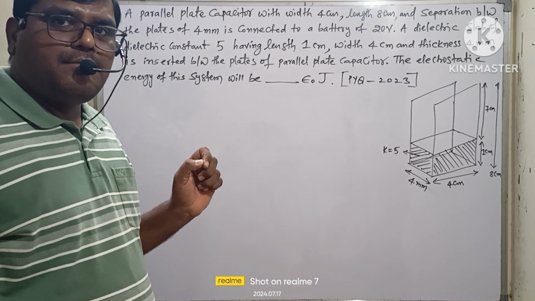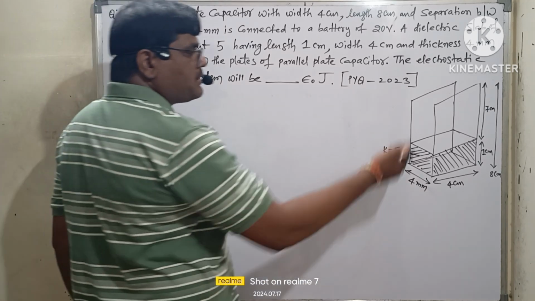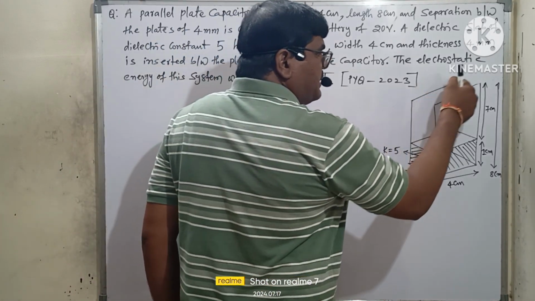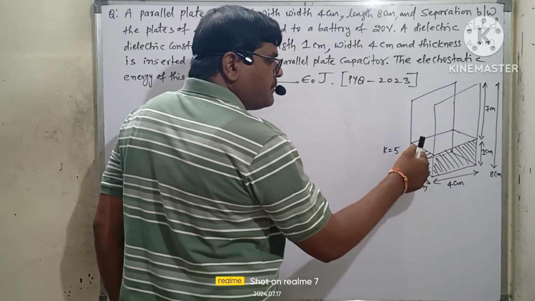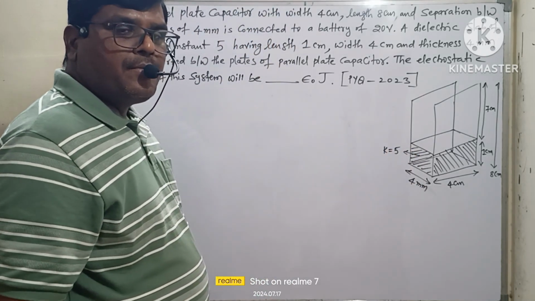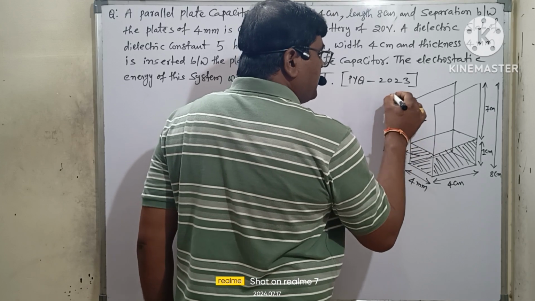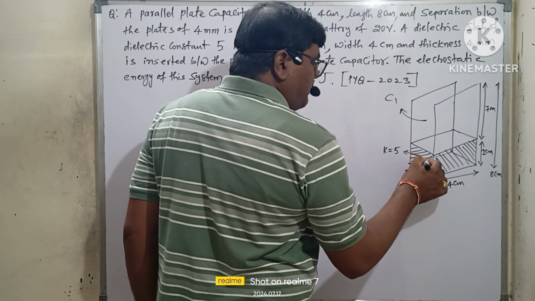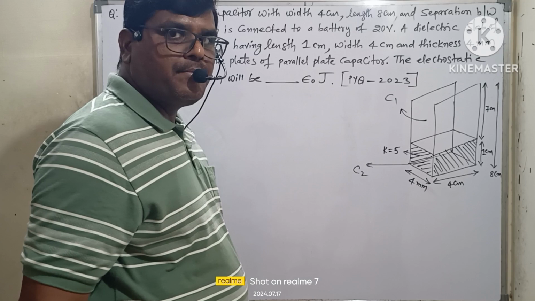I think you all understood. Now first we have to discuss how we can find the capacity of this combination. If you observe, this portion is without any dielectric and this portion is with dielectric. Without dielectric, I am assuming the capacity is C1, and with dielectric, the capacitor is C2.